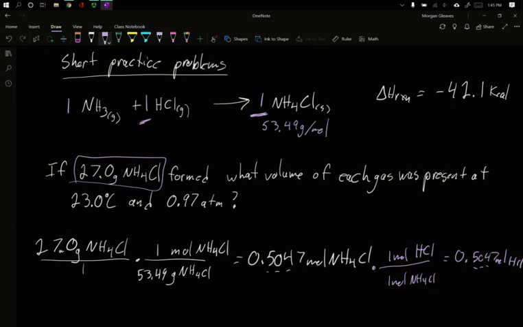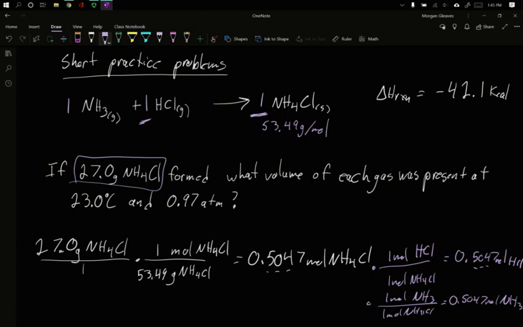And it's going to be exactly the same for the ammonia. I would have had a balanced reaction that was 1 mole of NH4Cl to 1 mole of NH3, and it would have been 0.5047 mole of NH3. What we find is because it's a 1 to 1 to 1 reaction, it's the exact same number of moles.